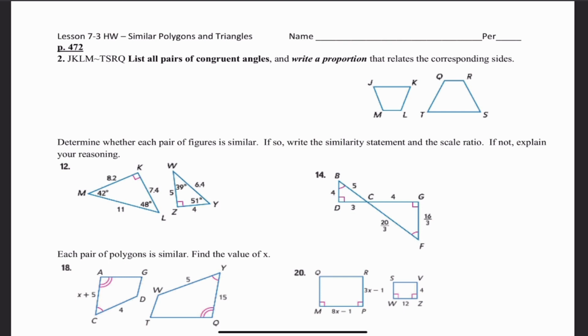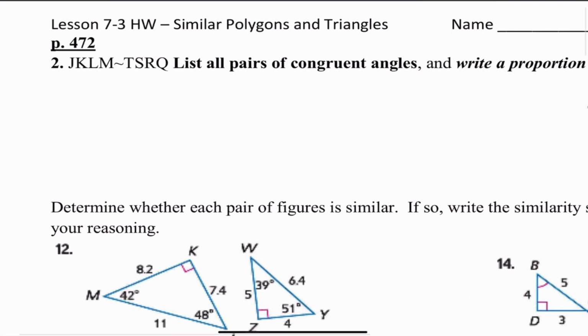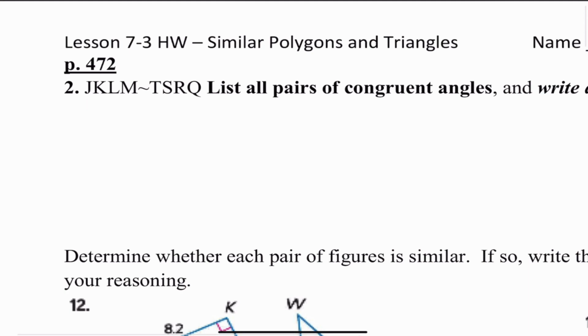Okay, so this is going to help us with writing the corresponding angles, and corresponding angles of similar figures are congruent. If I look at the statement here, notice that J is the first letter and T is also the first letter, so angle J is congruent to angle T. Angle K is the second, S is the second, so those two are congruent.